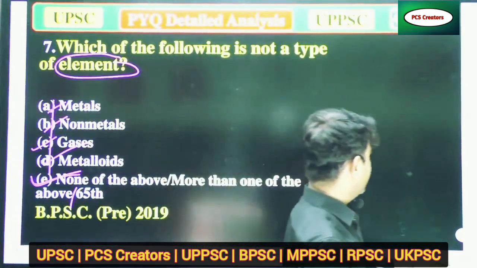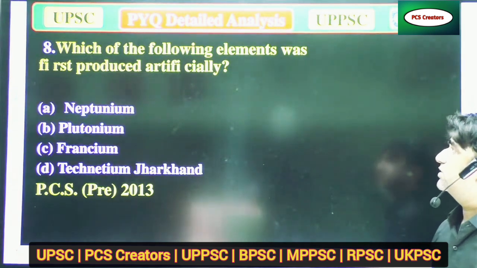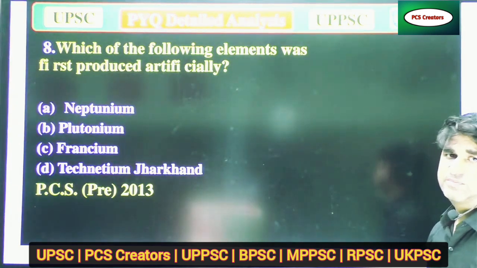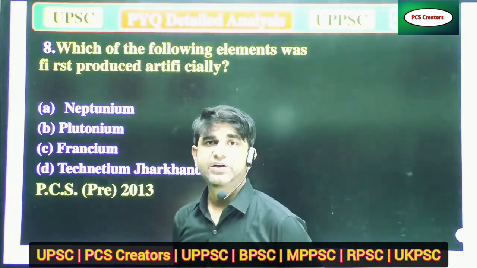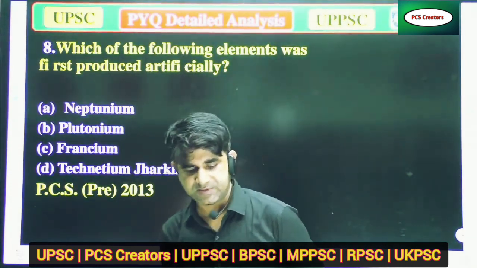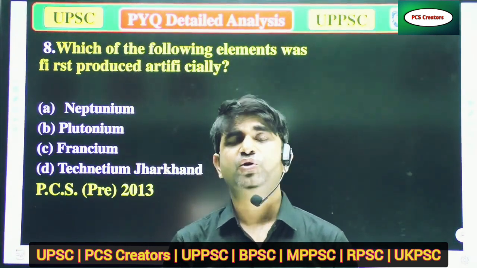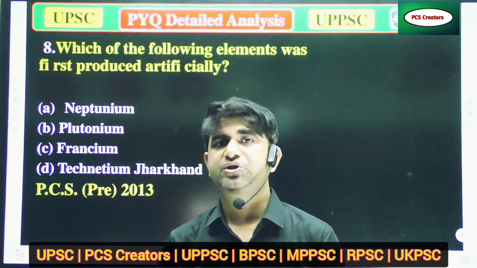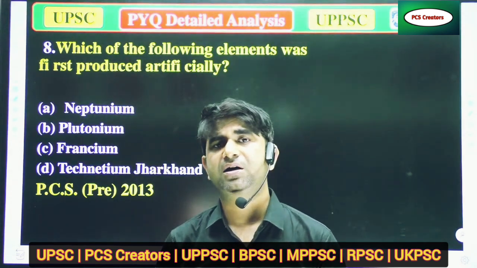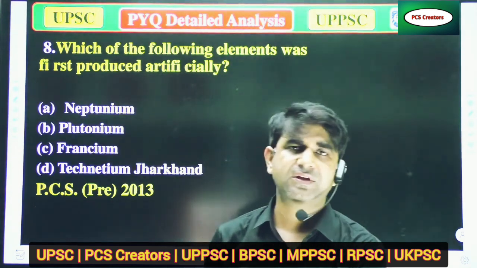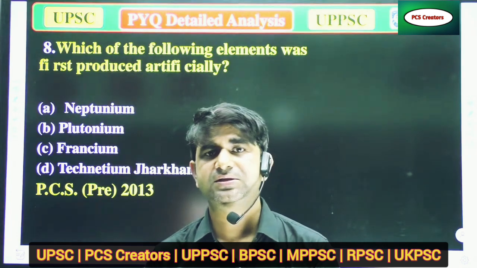So now we'll move to the next question. Our next question is, which of the following elements was first produced artificially? As I suggested in the previous question, till today about 118 elements have been discovered, in which about 80 to 90 elements are naturally occurring, and after that, elements have been prepared, or synthesized, in the chemistry labs.